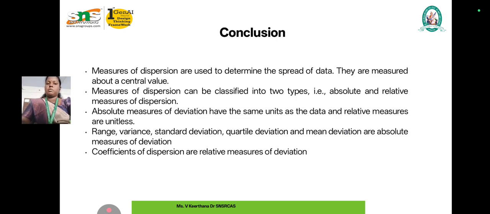The measures of dispersion are used to determine the spread of data. They can be classified into two types, absolute and relative dispersion. Absolute measures of dispersion have the same units as the data and relative measures are unitless. Range, variance, standard deviation, quartile deviation and mean deviation are the absolute measures.